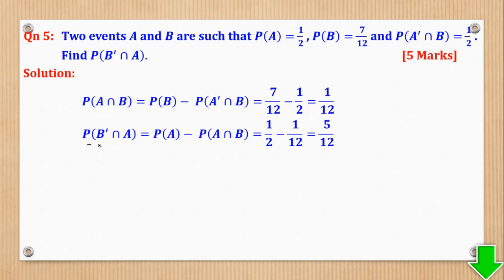That means that probability of B complement intersection A is probability of A minus probability of A intersection B, which is a half minus 1/12 to give you 5/12. As simple as that.